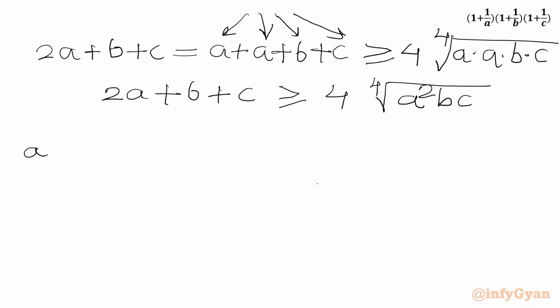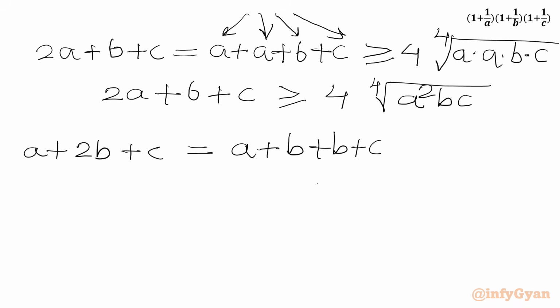Similarly, for A plus 2B plus C, we can write A plus 2B as B plus B. Then we have C. Again we have 4 positive real numbers. We'll apply the AM greater than or equal to GM inequality.